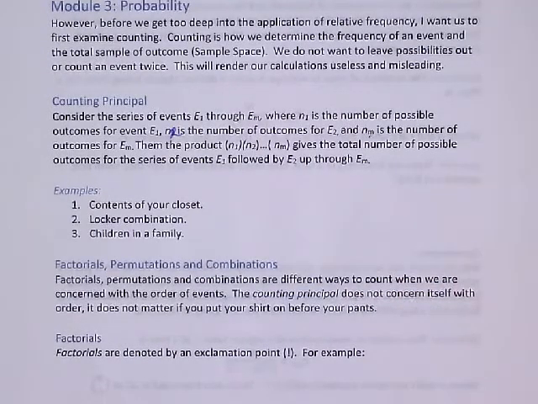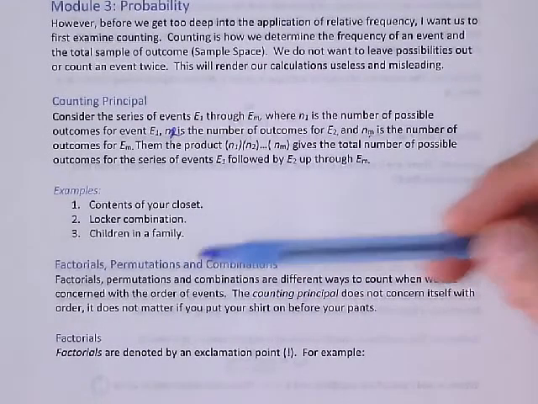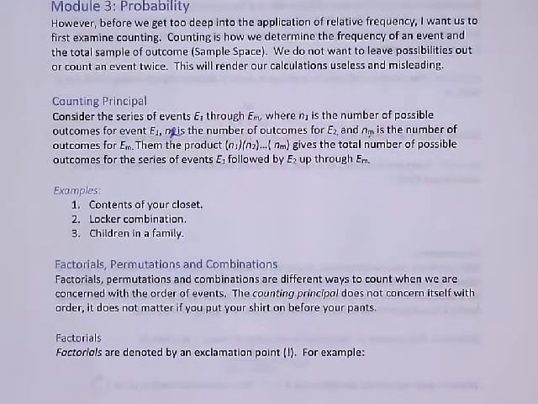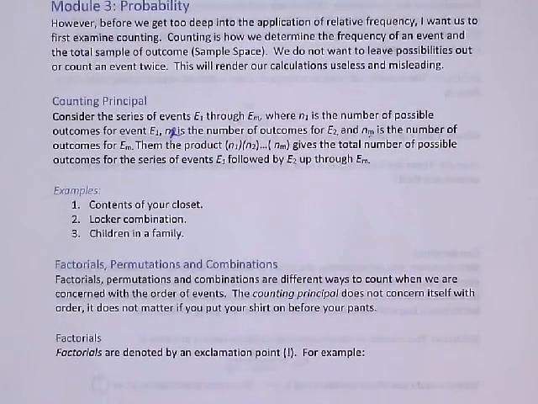Okay, so some basic examples here could be the contents of your closet, a locker combination, children in a family. I'll do a few of these. So the locker combination is an example that we're going to do in a little bit anyway.